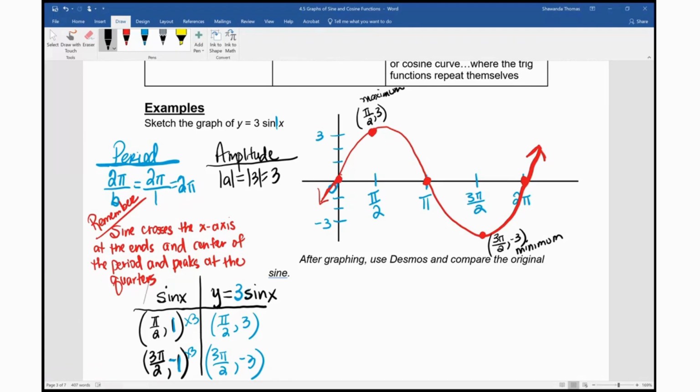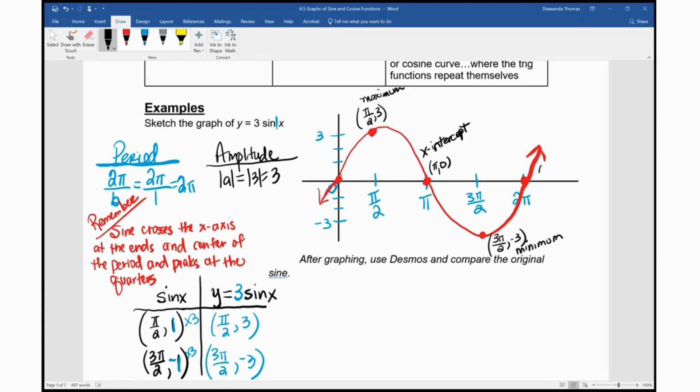What are our x-intercepts? Pi, 0. Okay. And 2 pi, 0. Trill gave me one, and somebody else gave me another one.